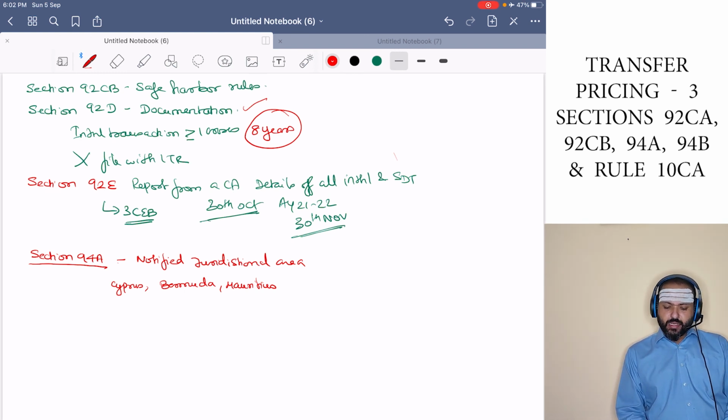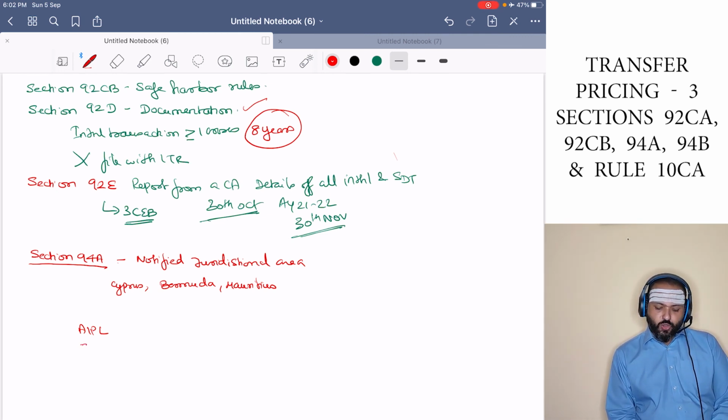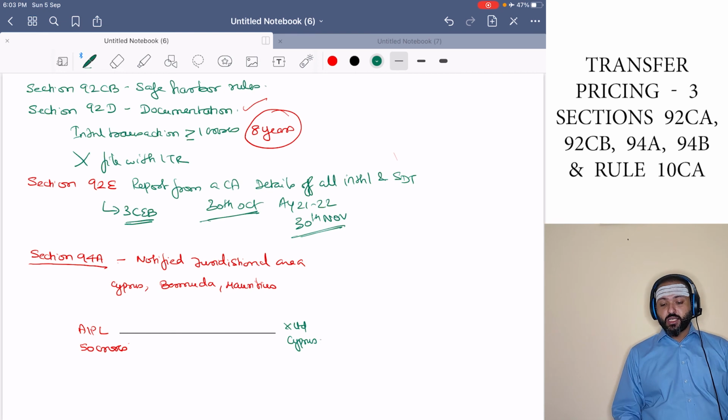Let us say AIPL has some unaccounted sales, and the value is 50 crores. So what they do is they send this cash to X Limited in Cyprus. They send it in cash.